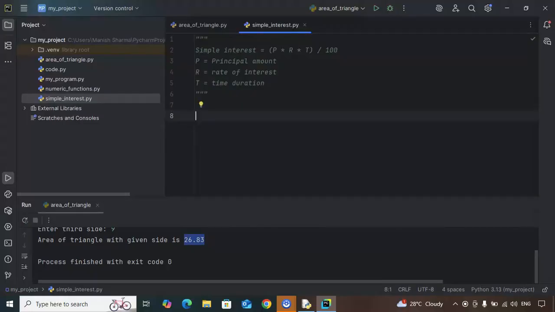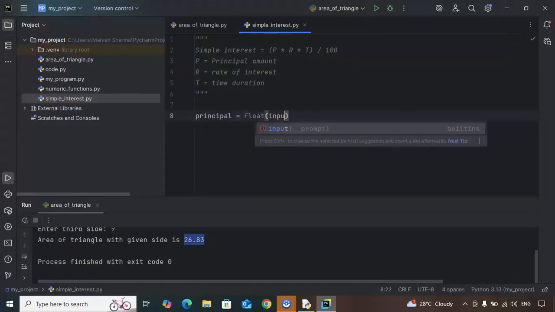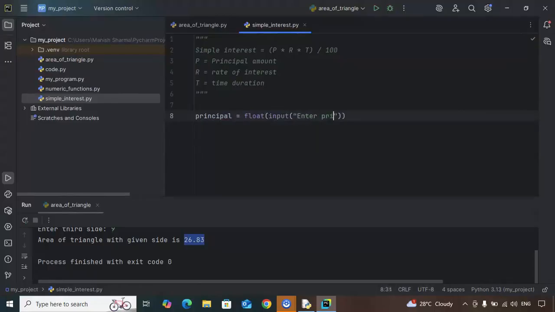So let's again take the inputs from the user. Let's say principal equal to, again take float, and inside float, let's take the input, enter principal amount.